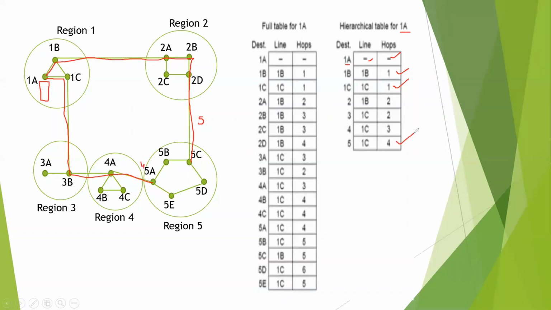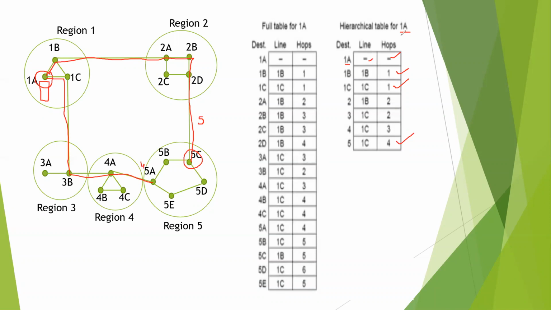But one problem arises here in hierarchical routing, for a few cases, like 5C. Suppose 1A wants to send some information to 5C. The shortest path is actually through 1B.